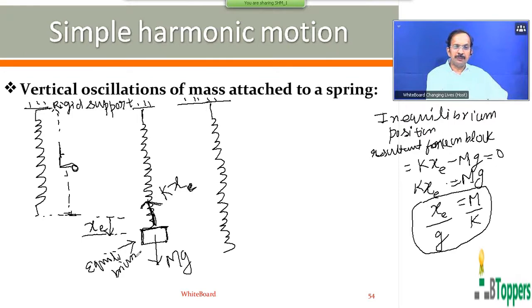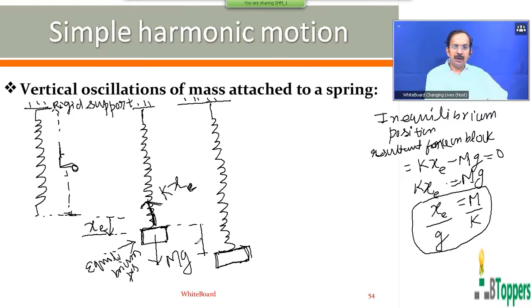So if the block is further pulled down below this equilibrium position by some distance and released, then we'll consider the situation after the block is released. That means the pulling force applied on the block by the external agent is withdrawn.